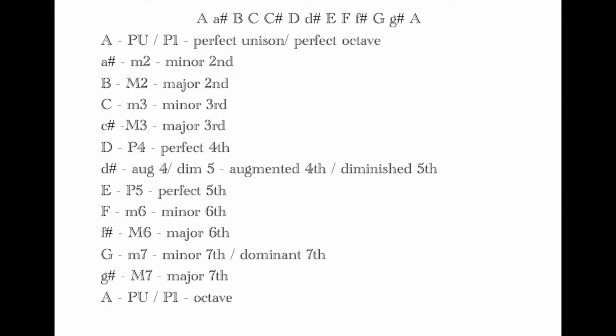So again, this is just an easier way to keep track of what we're doing without having to memorize a whole new thing every time that we come up with a new thing. Because if you just knew all of your major scales, say, by a series of letters, then that would be 12 things to remember.